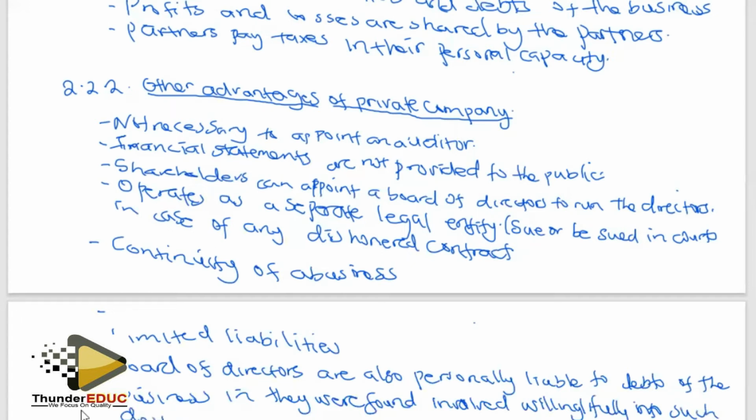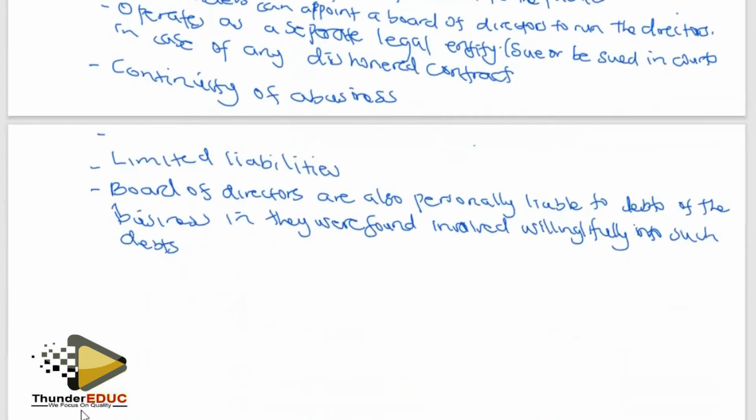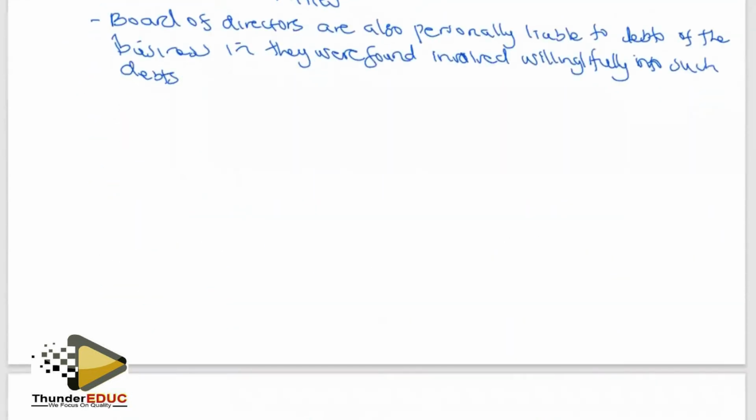So if a director misuses company funds, he is liable to payments of such. That is what you call a private company.